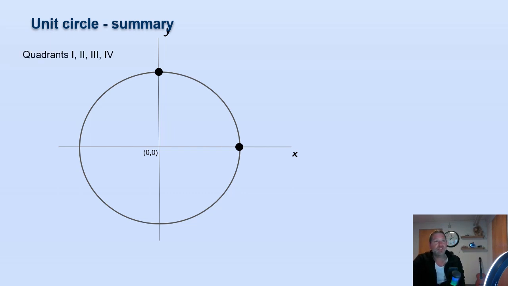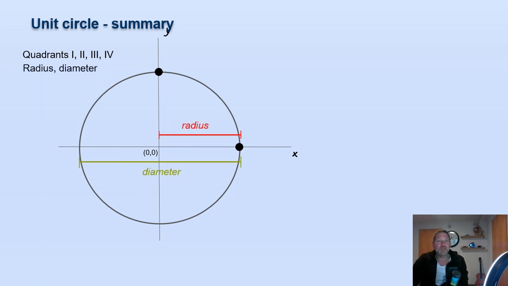Have a quick summary of what we have seen so far. We have the quadrants, so the first, second, third, and fourth, as you've seen in the first slide. Then we have the definitions of a radius, which is the distance from the origin towards the circle circumference. Here you can see it depicted as the distance between the origin and the point on the unit circle that crosses the x-axis.